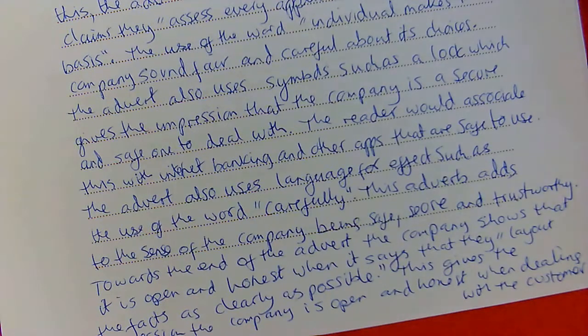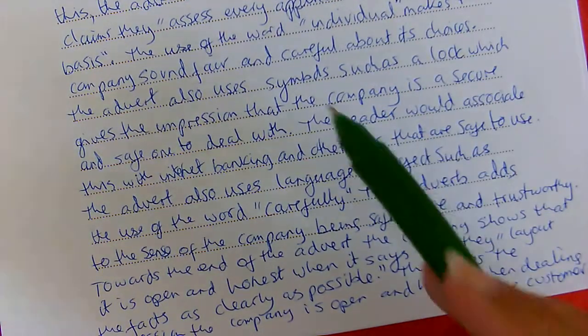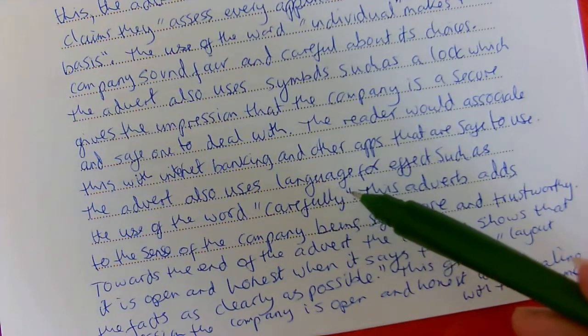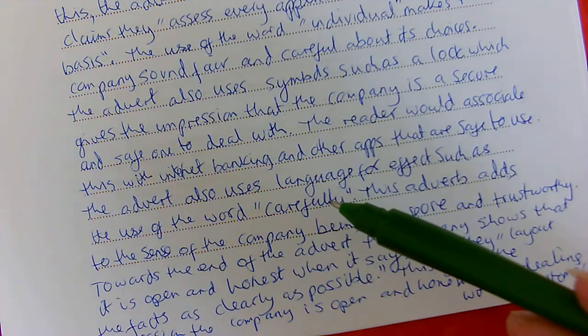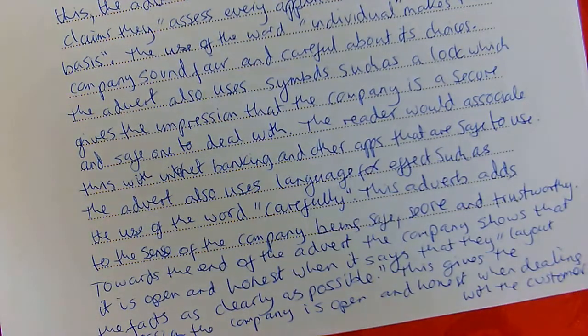Now we have zoomed in on language. We've looked at the use of the word "individual." I haven't closed that quote down. And we've looked at the word "carefully." That's looking at language as well. Again, if you don't know that it's an adverb, still look at the language. You know, the use of this word adds to the sense of the company. So we need to try and make sure that we fulfill the criteria.